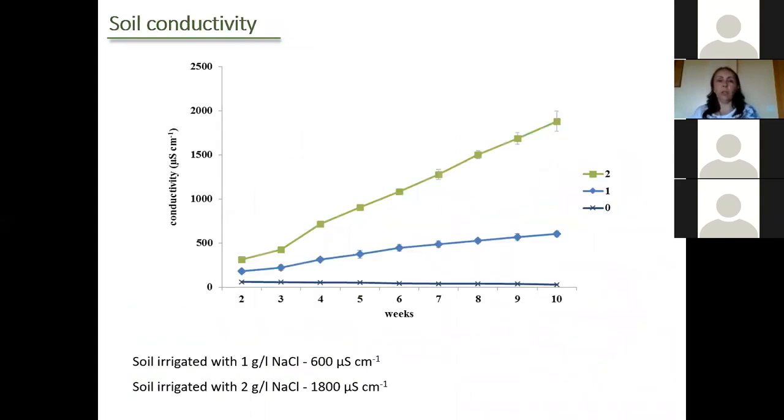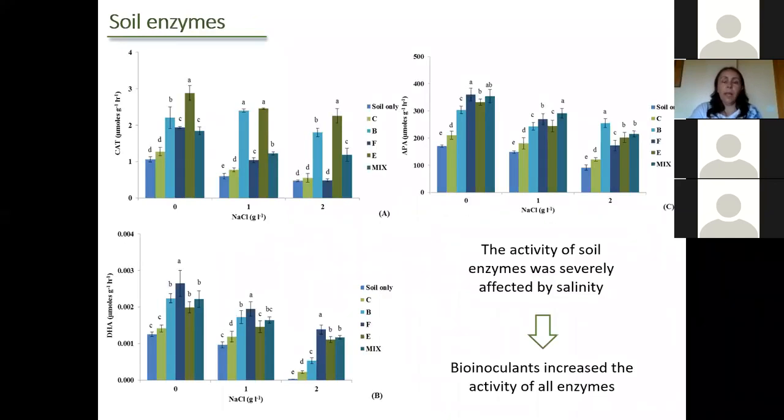In terms of soil conductivity, as expected, of course, when we irrigated the plants, we observed after 10 weeks an increase in conductivity of the soils. And in terms of soil enzymes, we analyzed the activity of catalase, acid phosphatase, and hydrogenase.